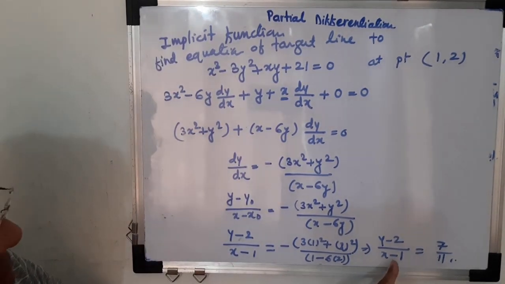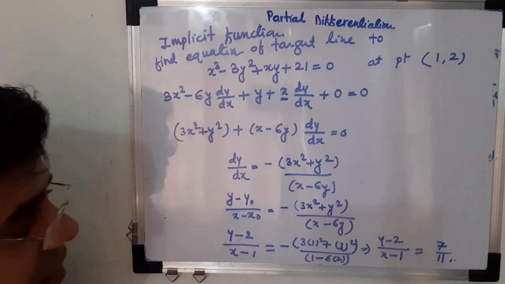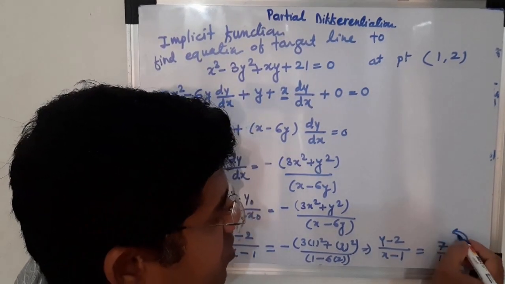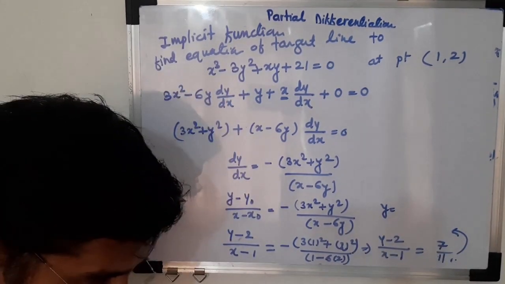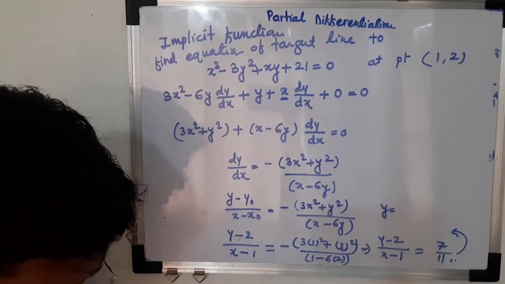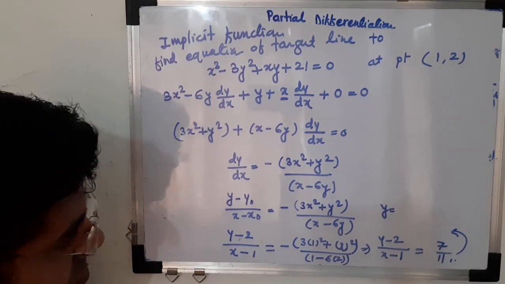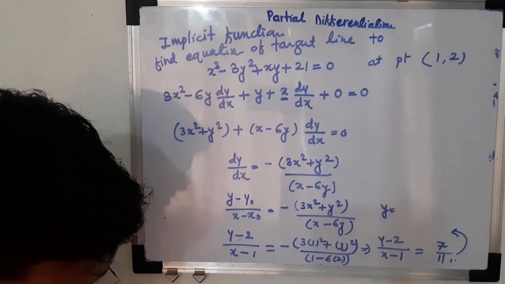Suppose we send this term over here and this term over here, and from this particular step, if you solve, you will get y equal to, something is wrong, so the tangent line.